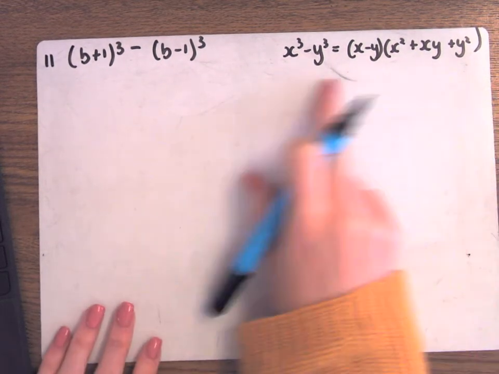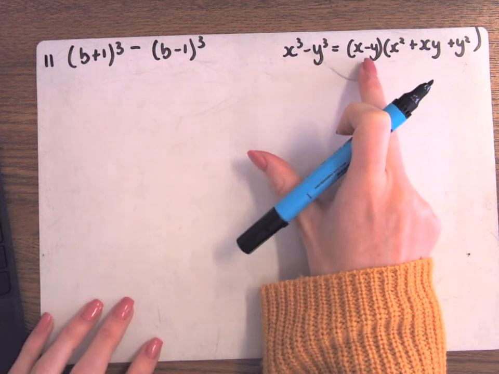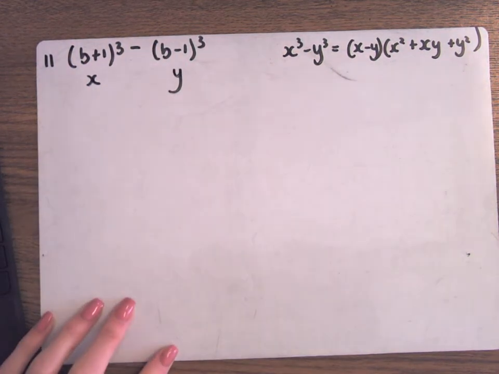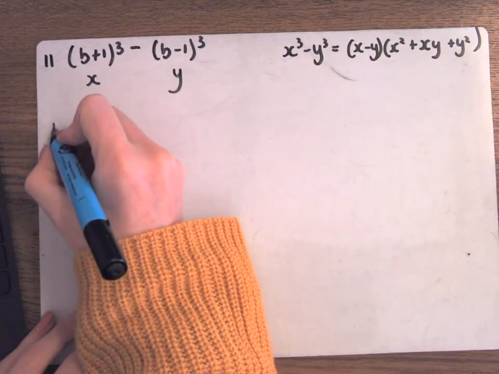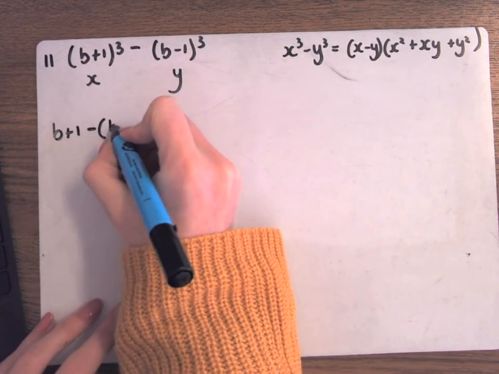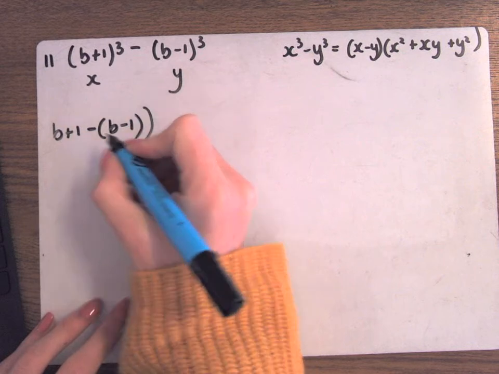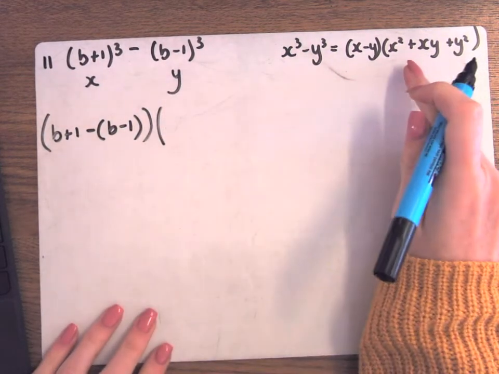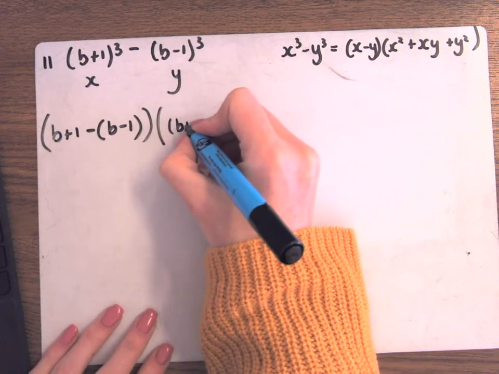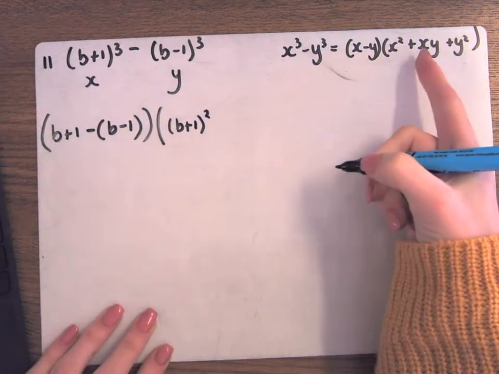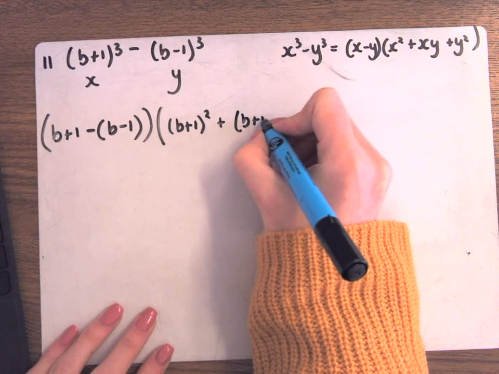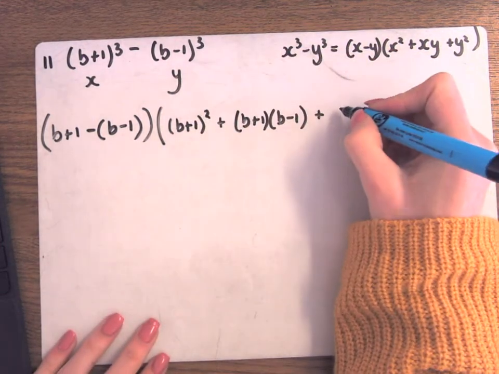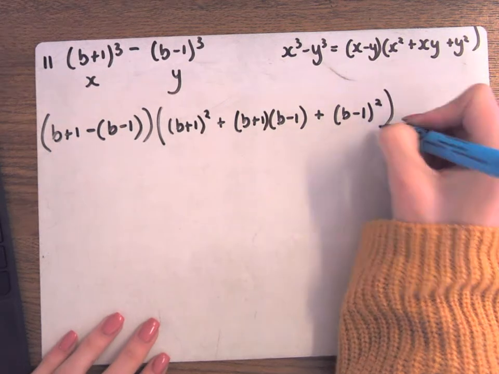Yeah? So it's going to be x minus y. This is x. This is y. Okay? So x minus y, b plus 1 minus b minus 1. If you didn't put brackets here now, you see you might be in trouble. X minus y. Then x squared, b plus 1 to b squared, plus xy, b plus 1 by b minus 1, plus y squared, b minus 1 to b squared.